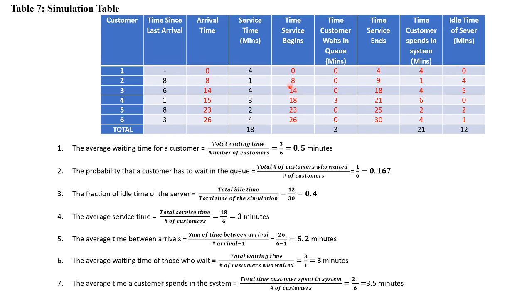All right, because when customer 3 came in, there's nobody in the system. Customer 2 is already gone. So we have the beginning time to be 14. There's no queue because when customer 3 came in, nobody was being served, so the server instantly started attending to customer 3. Then we come to the time service ends.